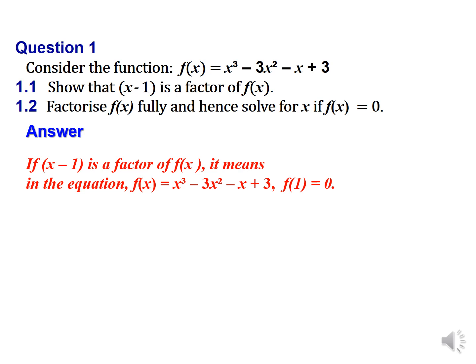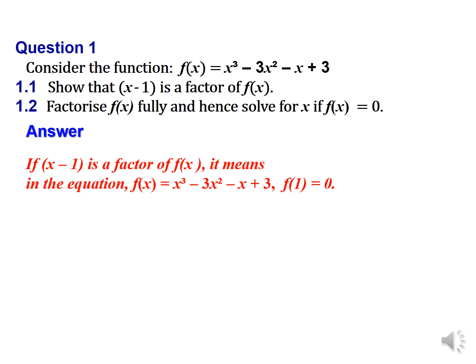If we equate this equation to 0, the value of x, one of the values there, must be 1. That's what it means. So x minus 1 is a factor means x is equal to 1 when f of x is equal to 0.